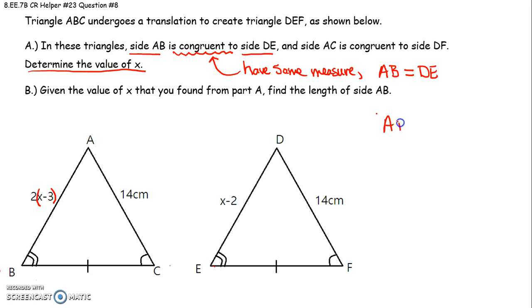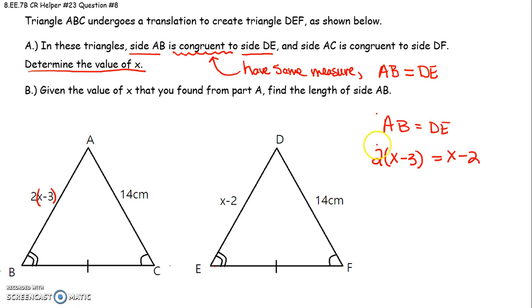So if I have AB is equal to DE, I can set AB, which is 2 times the quantity X minus 3, equal to DE, which is X minus 2.